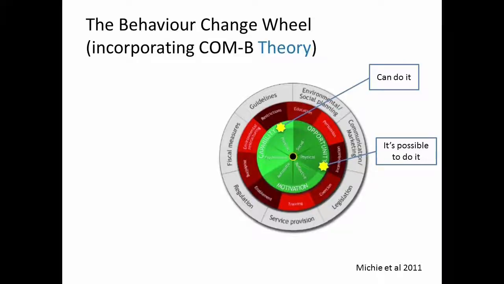And then motivation is defined as all those brain processes that energize and direct behavior, not just the goals and the conscious decision making. So they want to do it.